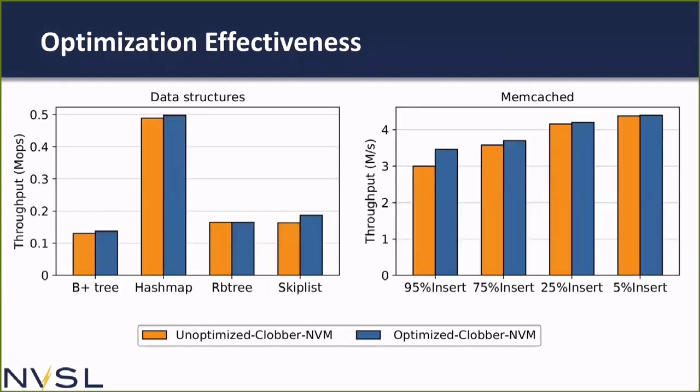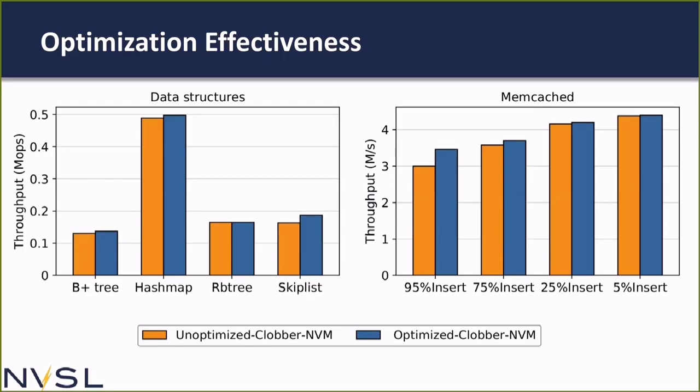Lastly, we'll show the performance improvement from avoiding redundant Clobber logs on the 4 data structures and memcached. On the 4 data structures, skip list shows the most performance improvement of up to 15%. We find that the compiler pass removes 2 Clobber candidates out of 5, ending up requiring only 3 Clobber log entries per transaction.